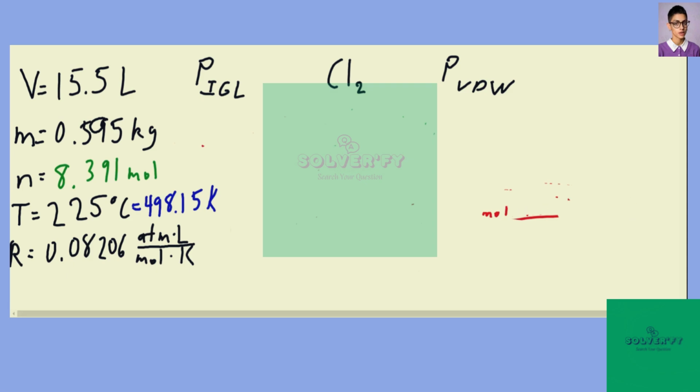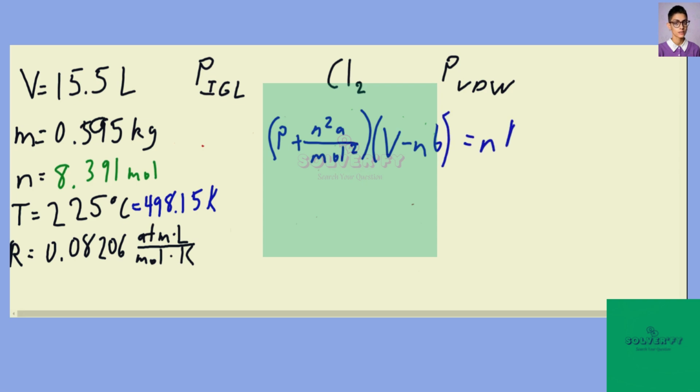Almost there. So the equation in this case is going to be P plus n squared A over V squared, times V minus nB, equals nRT. So these stay the same.